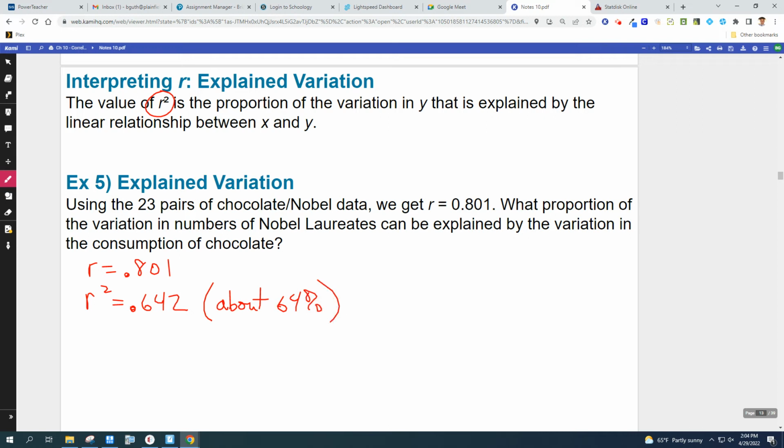About 64% can be explained in the variation.